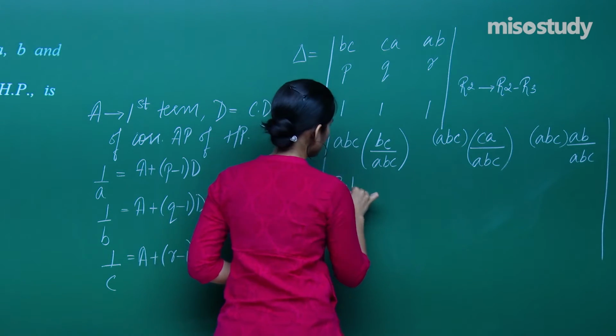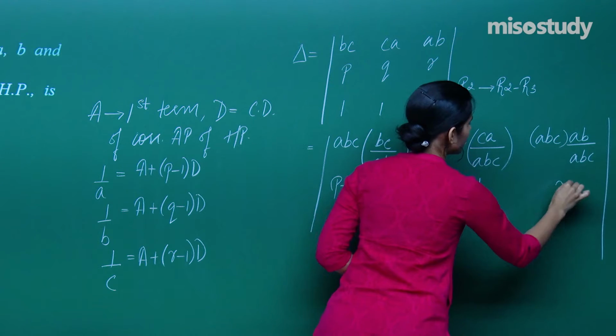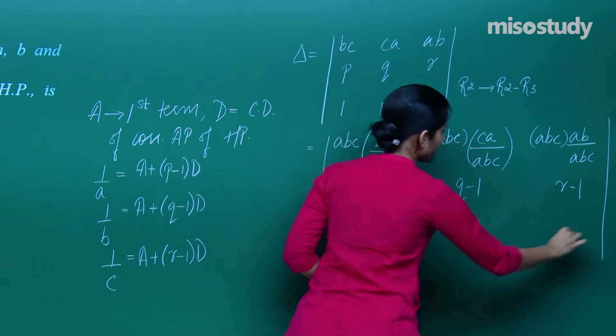So build this setup: p minus 1, q minus 1, r minus 1, 1, 1, 1.